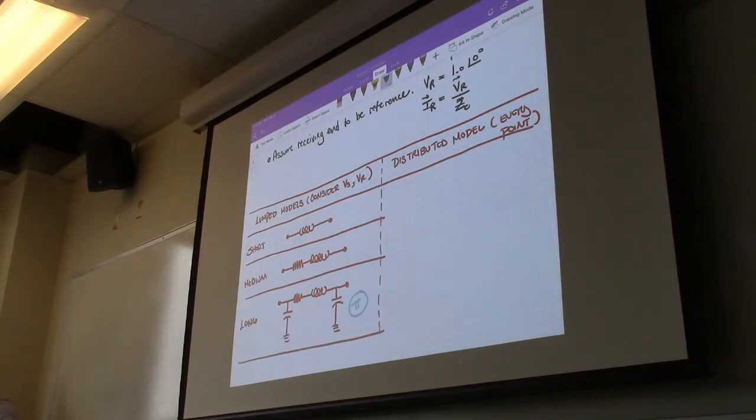Okay, so now what about a distributed line model? A distributed line model is essentially where we take a whole bunch of these models.